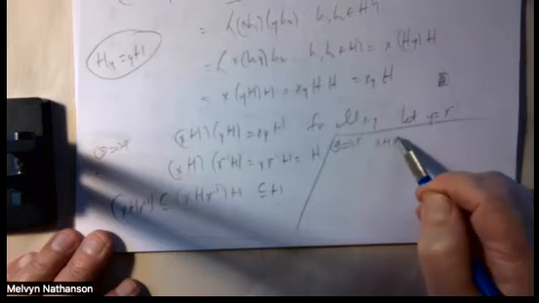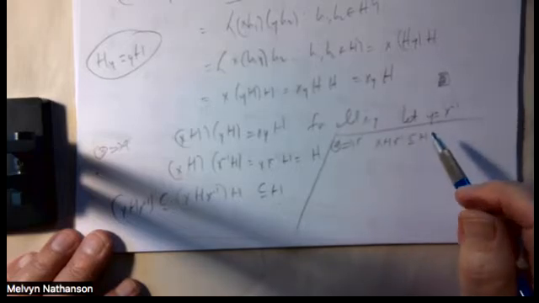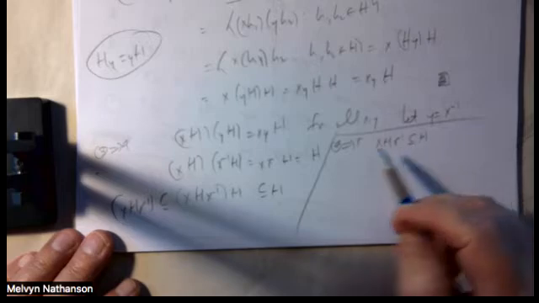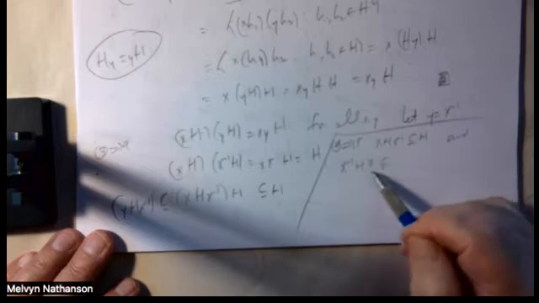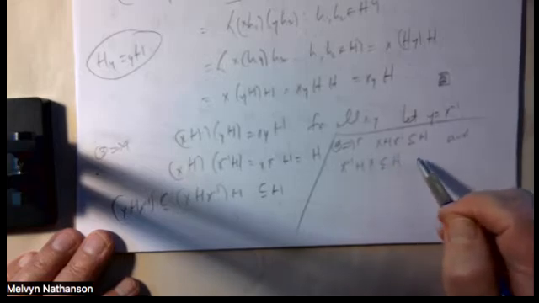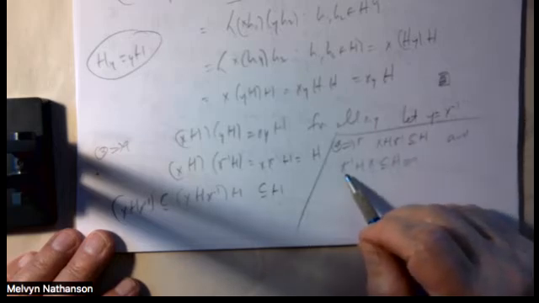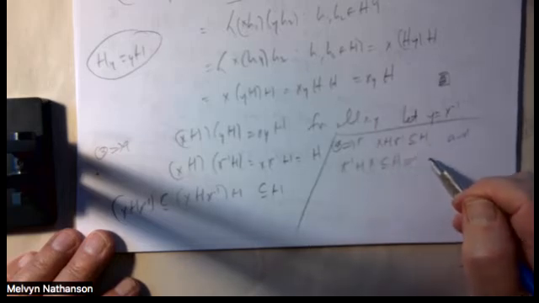And there are 2 more things. Let me see if I can squeeze them in on the same piece of paper. 4 implies 5. So I know xH x inverse is contained in H. If I replace x by x inverse, I get x inverse H times x inverse inverse, which is x, is contained in H. If I multiply on the left by x and on the right by x inverse, I get H is contained in xH x inverse.